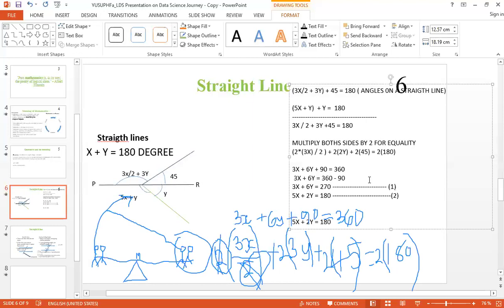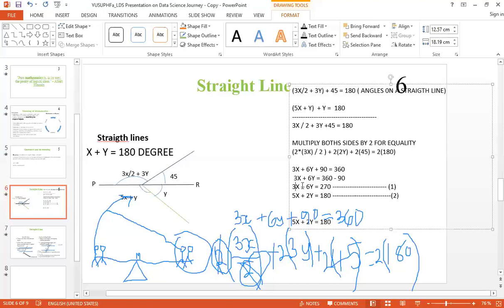For you to be able to eliminate, you look at whether you want to eliminate X first, or Y. How do you determine that? You look at the coefficients of X. Look at this 3X. When somebody asks you what is the coefficient of X, coefficient means the number that is together with that unknown.